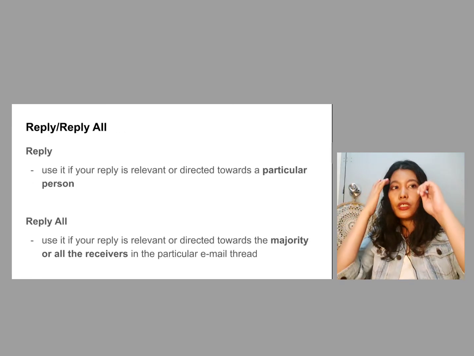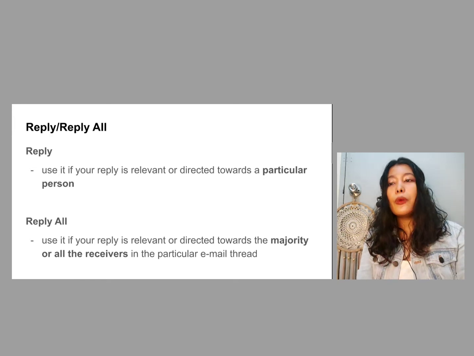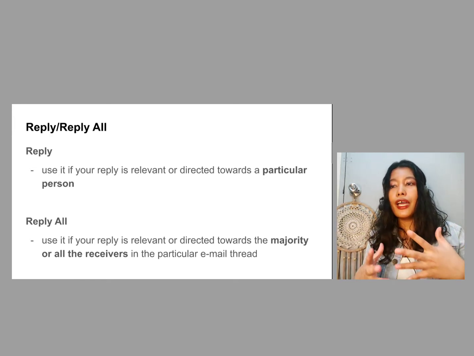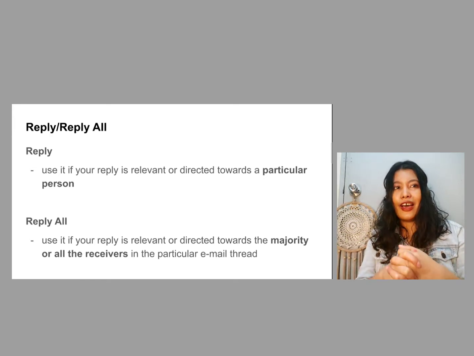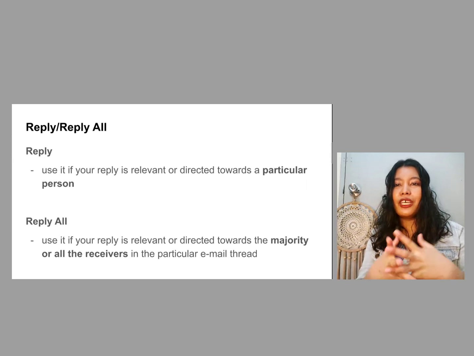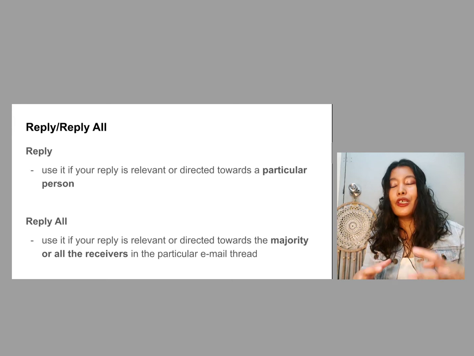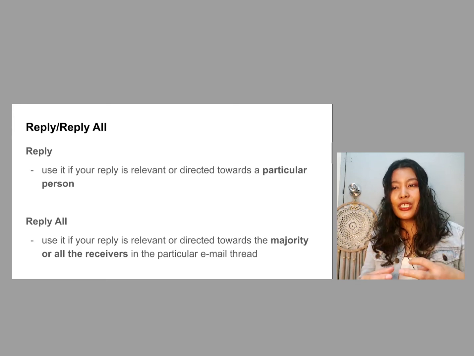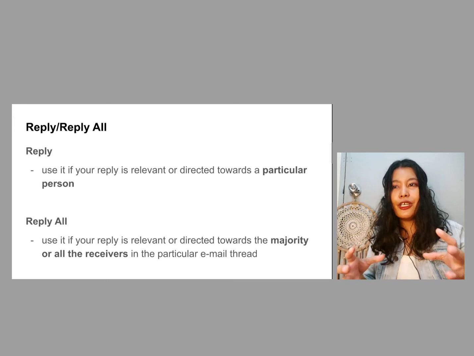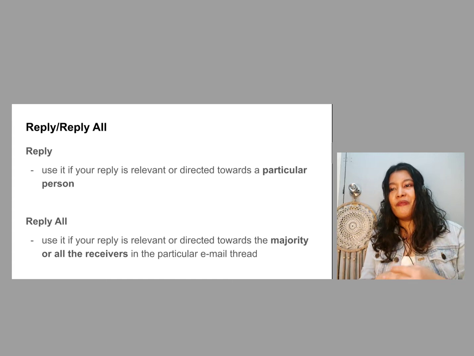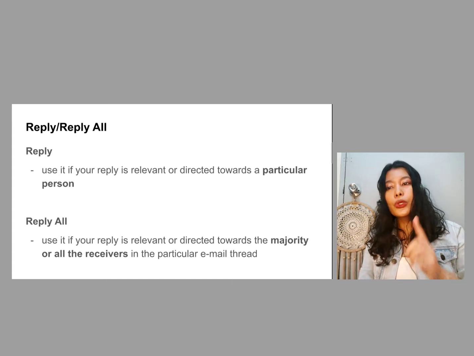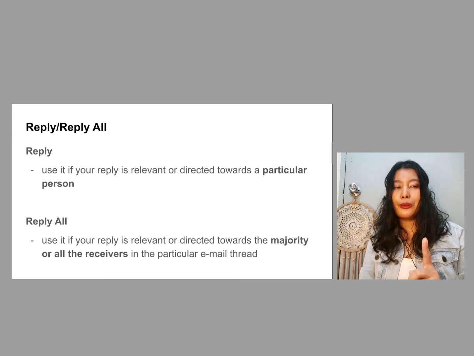Now, this is also another thing that I want to discuss: the difference between reply and reply all. A lot of conflict in the workplace has happened because people do not differentiate the reply and the reply all. The reply button, you use it if your reply is relevant or directed towards a particular person.